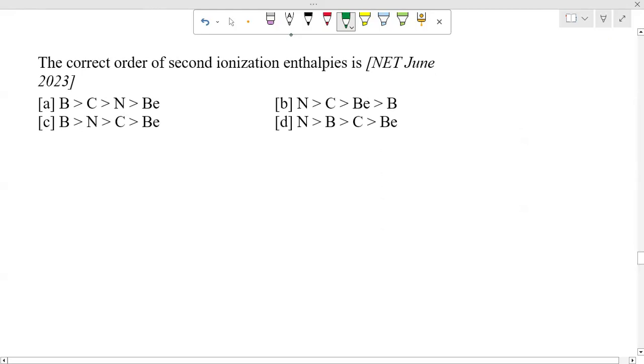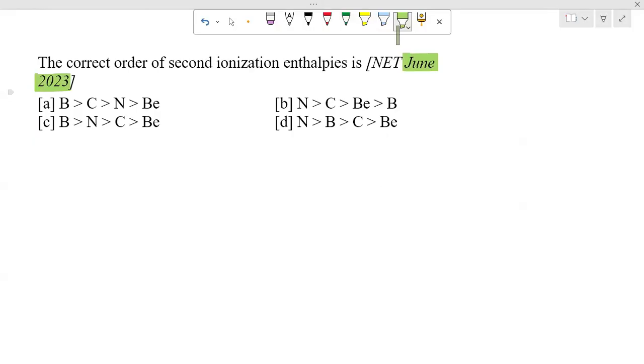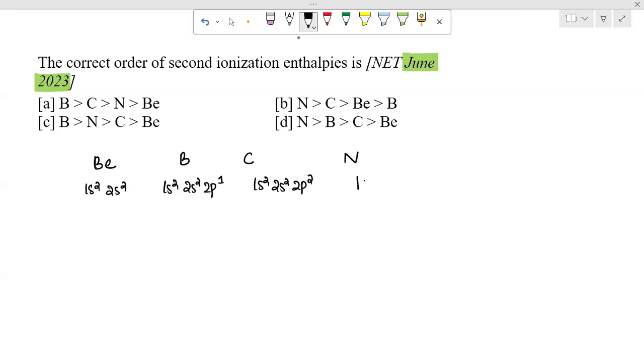Next question. The correct order of second ionization enthalpies. Question asked in June 2023. Second ionization enthalpy. So we already know that beryllium, boron, carbon, nitrogen is there. What is the actual configuration? 1s2, 2s2. 1s2, 2s2, 2p1. 1s2, 2s2, 2p2. 1s2, 2s2, 2p3.